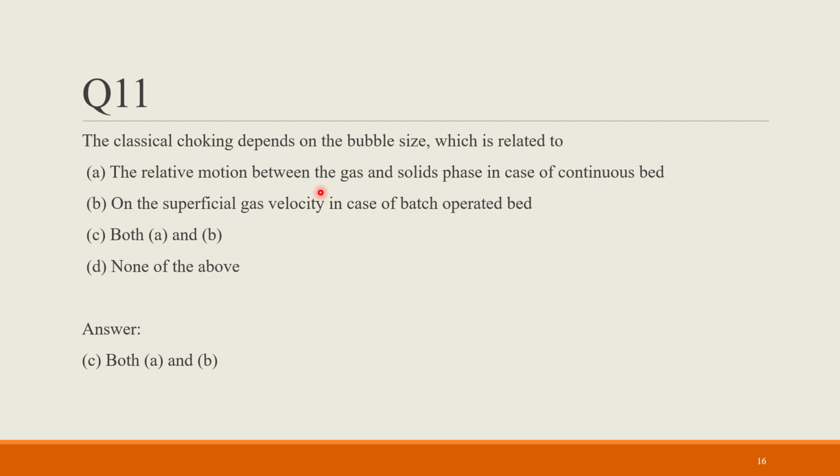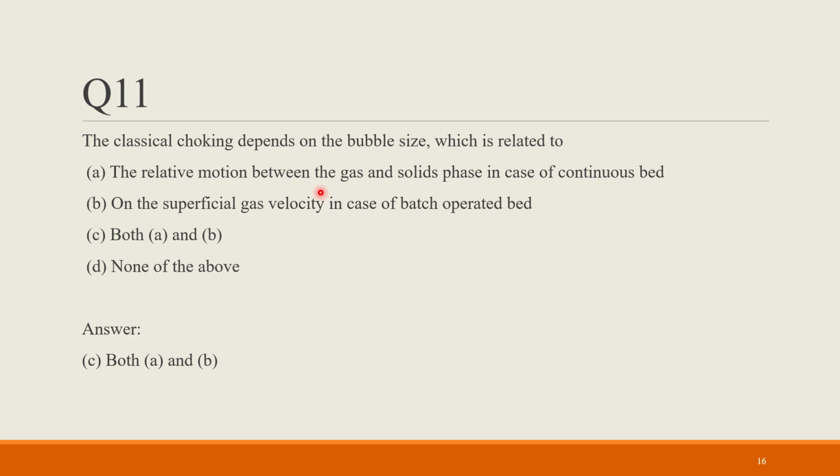In general, there are three types of choking in pneumatic systems. The first one is accumulative type, where solids start to accumulate at the bottom of the conveyor when the saturation gas carrying capacity is reached.